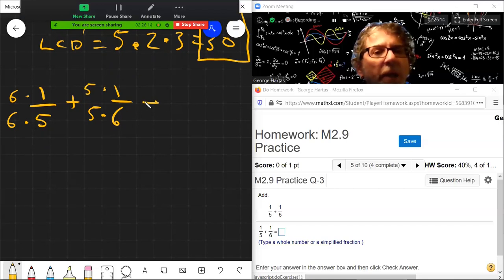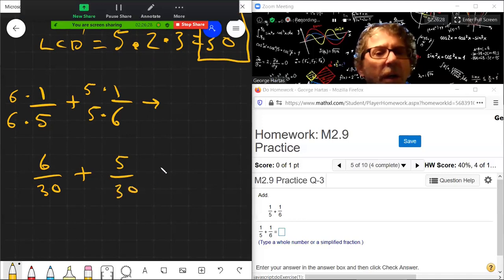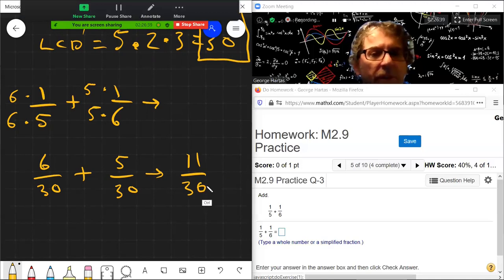Okay, multiply across. Let's do it down here. So we got 6 over 30 plus 5 over 30. Add numerators. We cannot reduce. 11 is a prime number, and 11 does not go into 30.